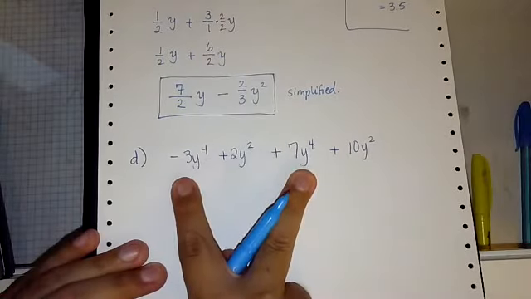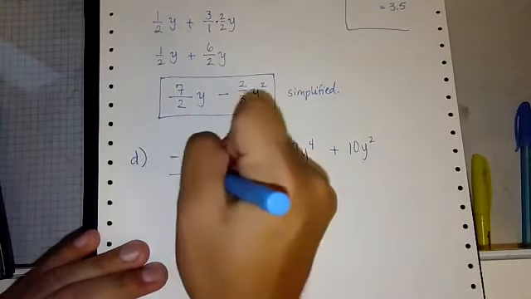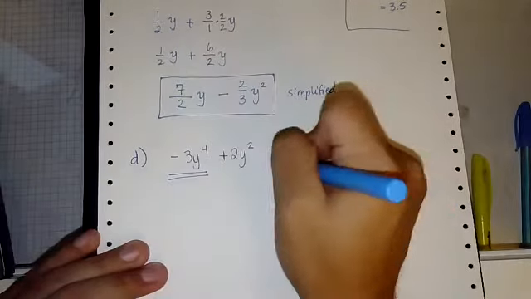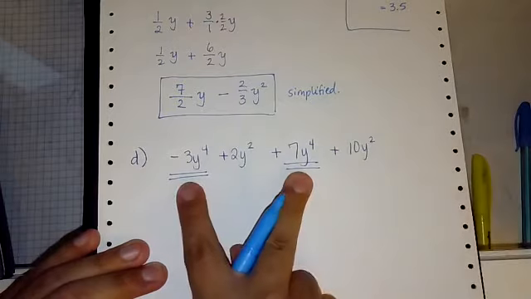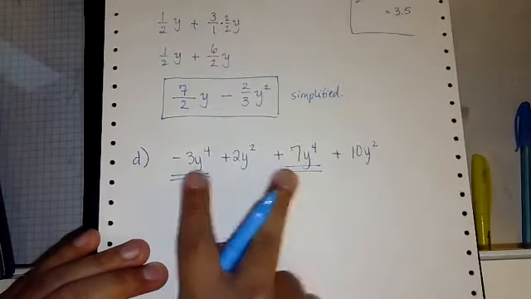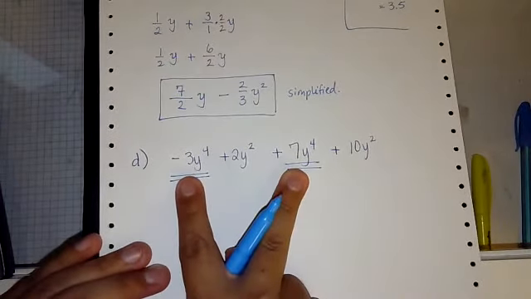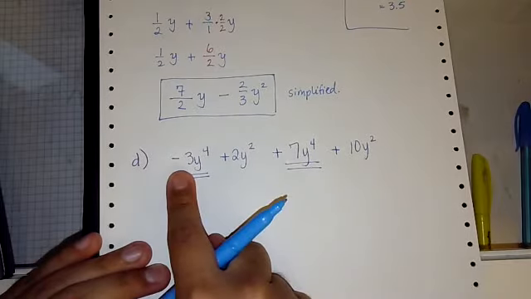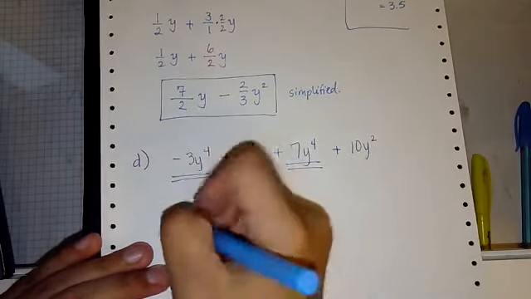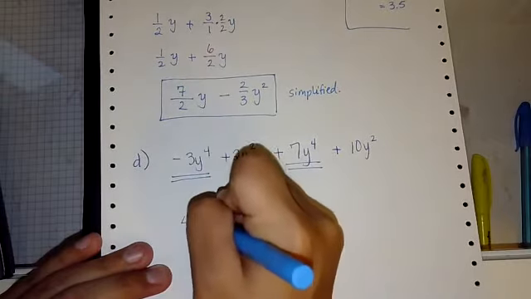Yeah, 2 and 2. So what we can do is underline these because they're like terms. Combining like terms just means adding or subtracting these together. So 7 minus 3, you can think of that as 4. So this will be 4y to the 4th.